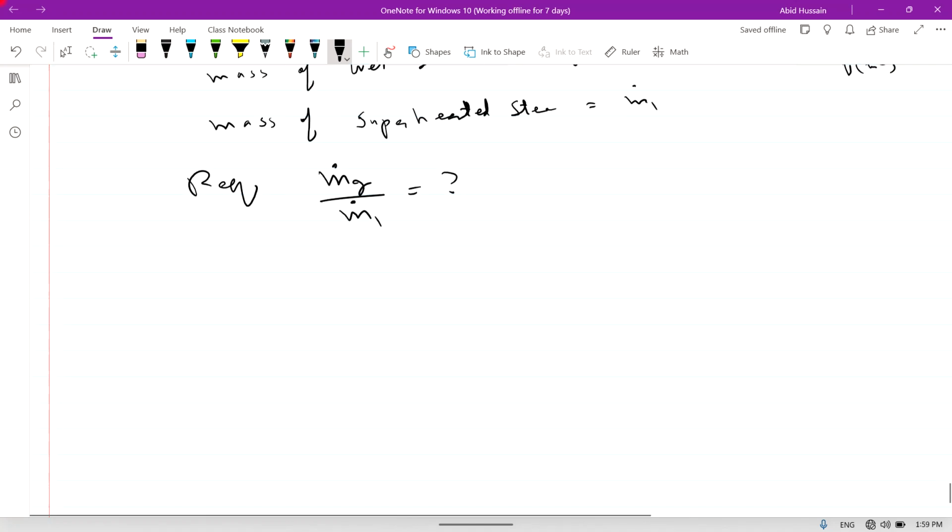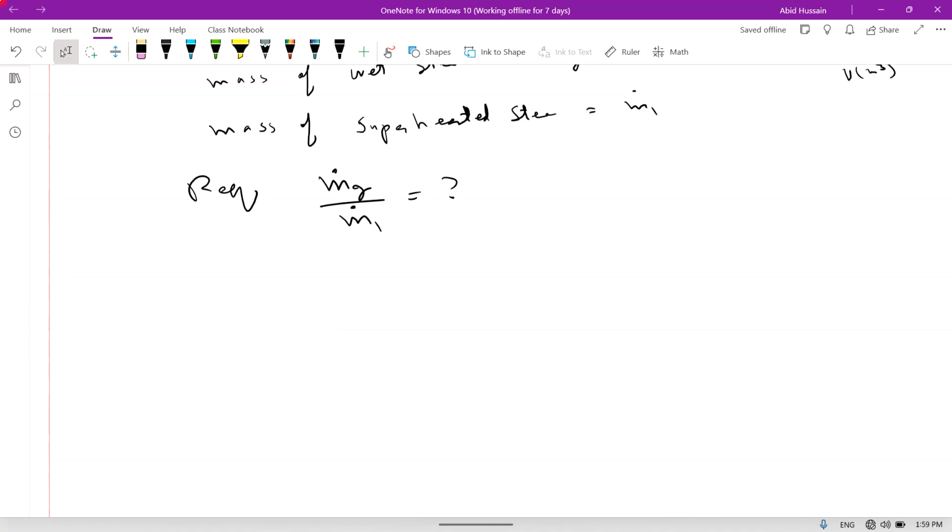So wet steam plus superheated steam, after mixing, becomes dry saturated.